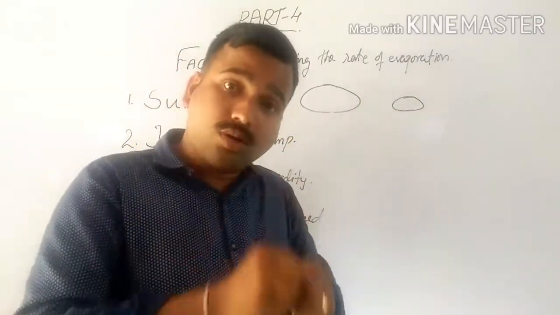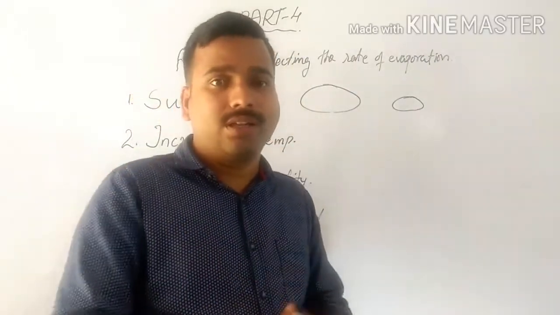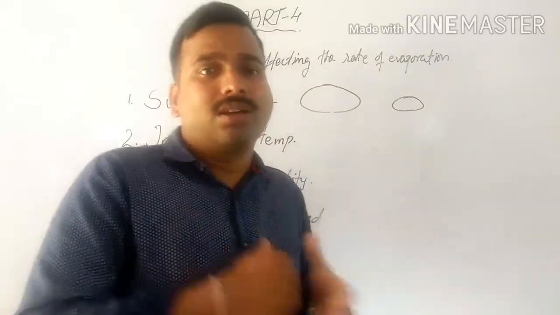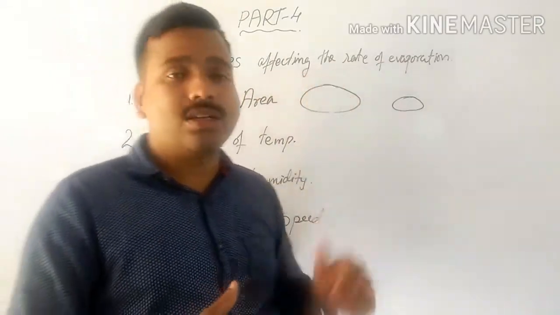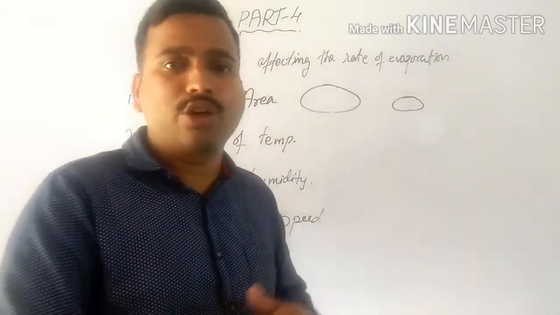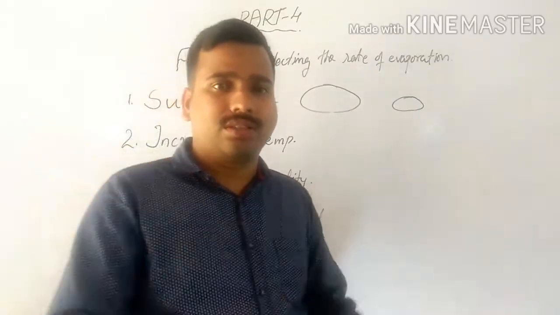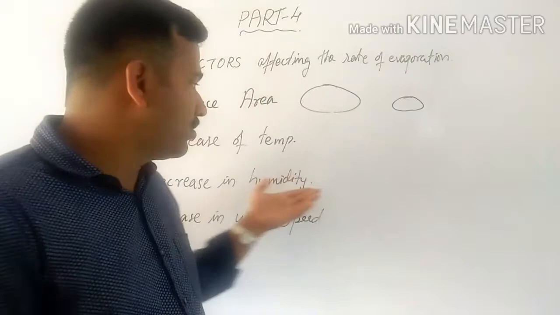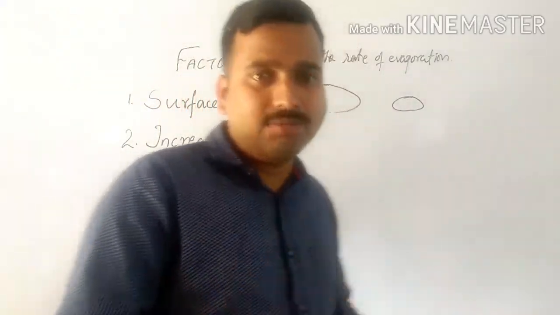The air cannot hold more water vapor. It is difficult, so the rate of evaporation will decrease during the humid season. During a sunny climate, the rate of evaporation will be high. Similarly, during the rainy season, your clothes will not dry soon.